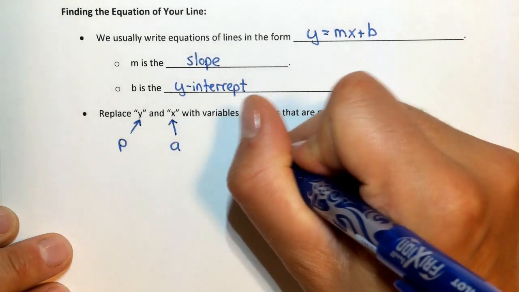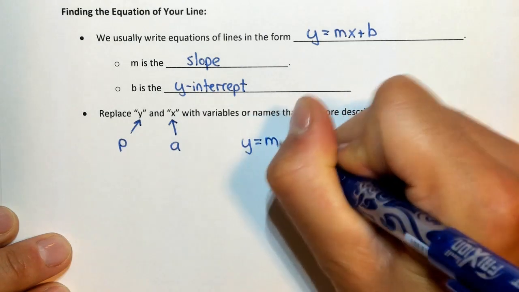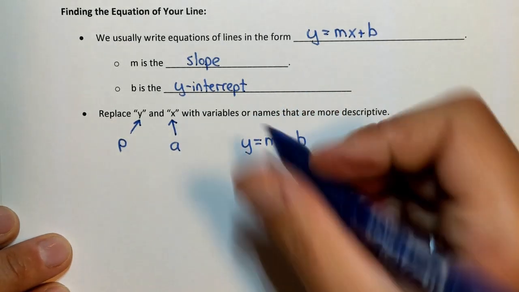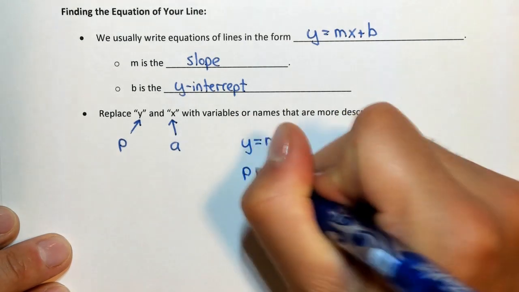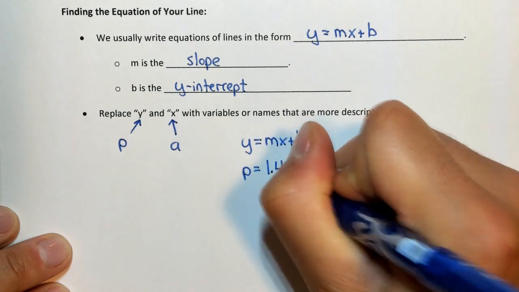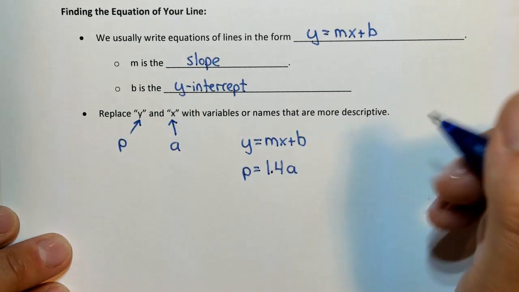So if I take the equation of a line, y = mx + b, and instead of y, I put P for popularity. Instead of m, I put my slope, 1.4. Instead of x, I put A for the assessments I give.